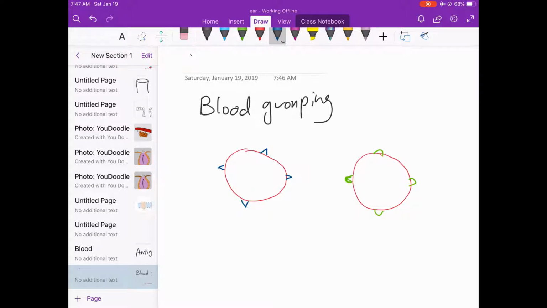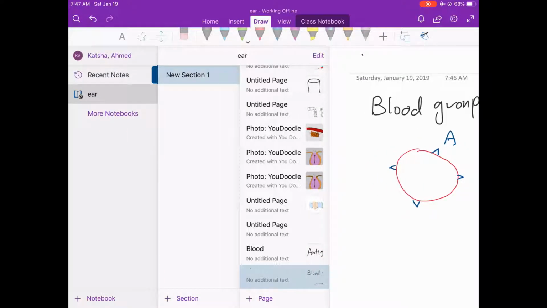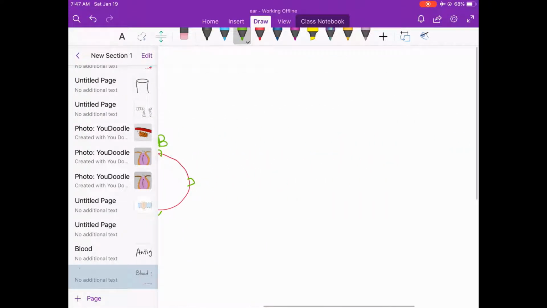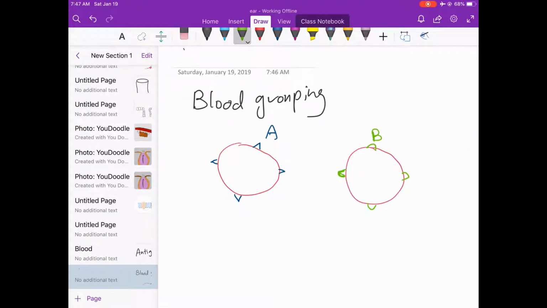If it is rectangle, we'll call it A. If it is circular, we'll call it B. Sometimes the red blood cell would display both.